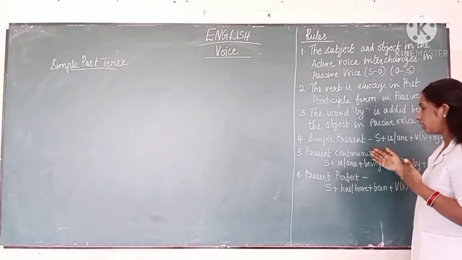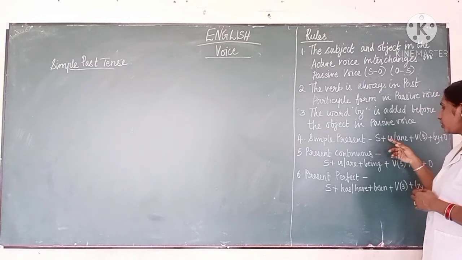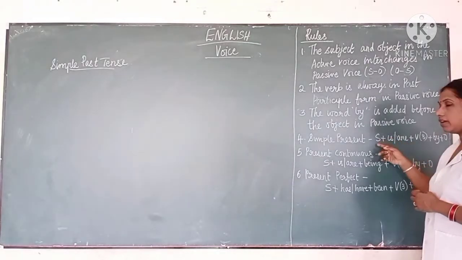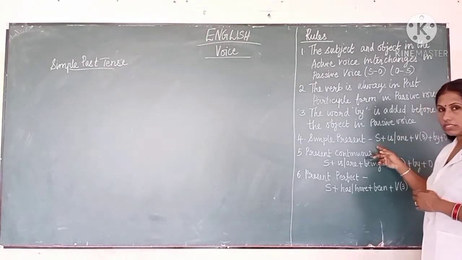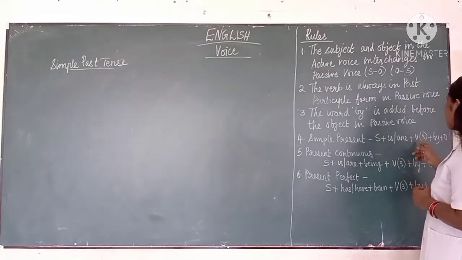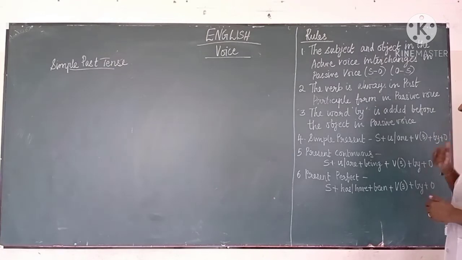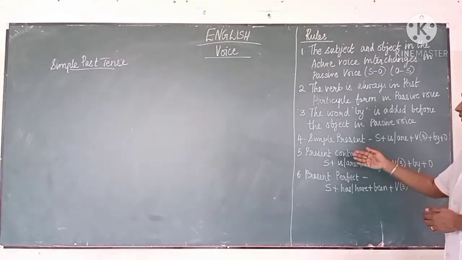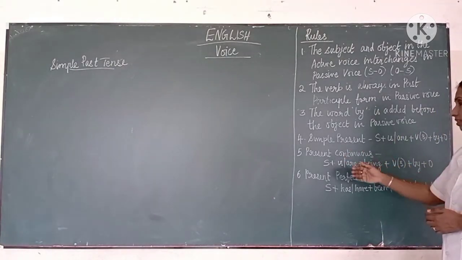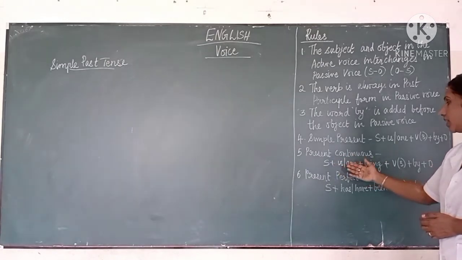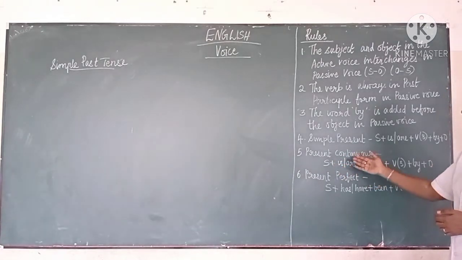the structure is subject plus is or are, based on the subject, plus verb in the third form plus by plus object. Then we have present continuous tense. The structure is subject plus is or are, again based on the subject, plus being.